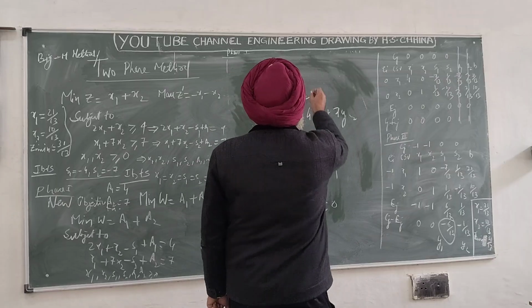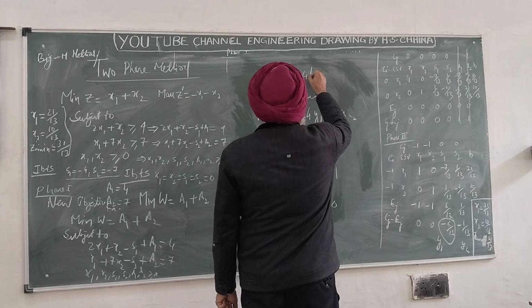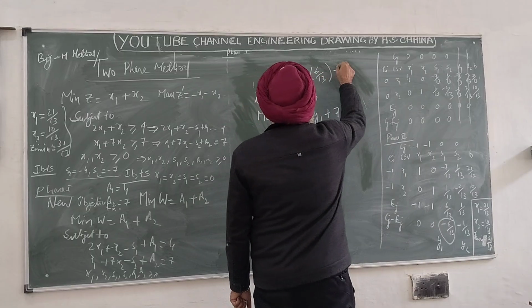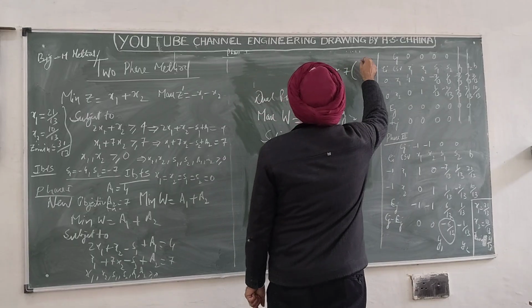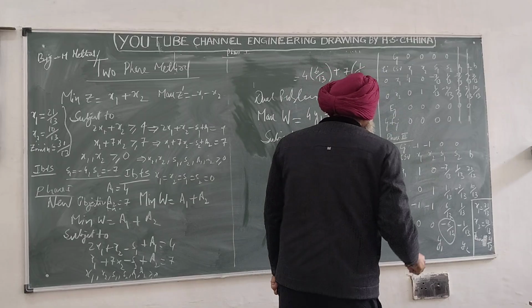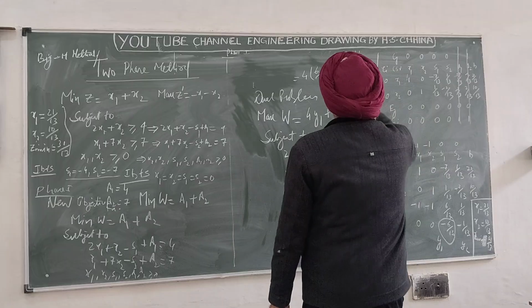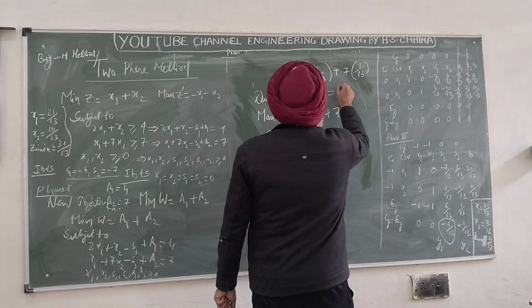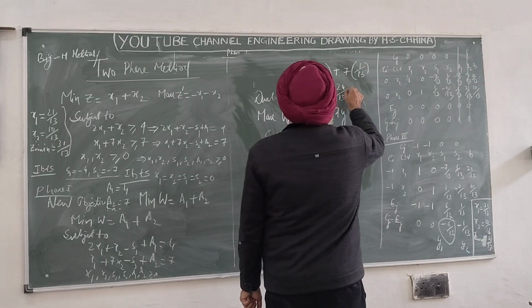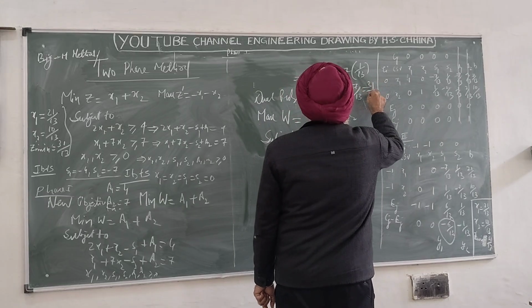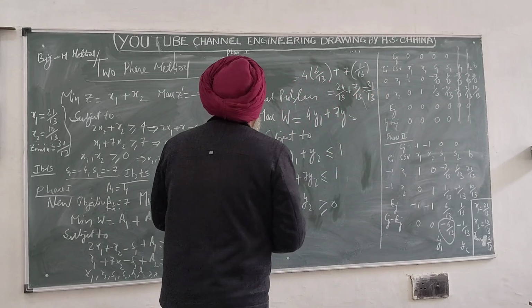And if you substitute here, this is 4, what is the value of y1? This is 6 by 13 plus 7 into 1 by 13. If you add it, this is 24 by 13, this is 7 by 13, you get the answer 31 by 13.